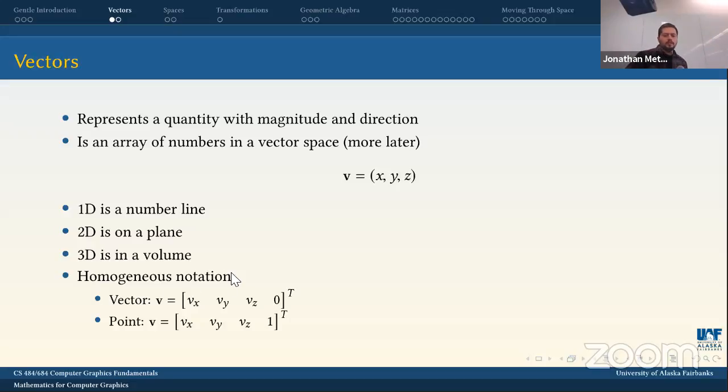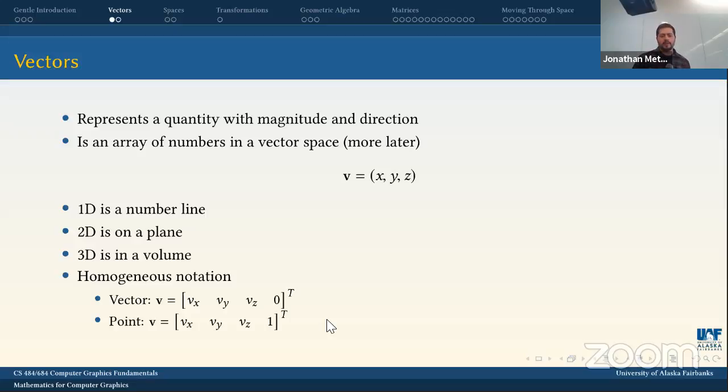In reference to the previous slide, for projection and other transformations, it is helpful if we add an extra coordinate. We'll call this coordinate W, and it allows us to represent vectors and points. A vector represents magnitude and direction, whereas a point doesn't represent magnitude or direction, it represents a position.